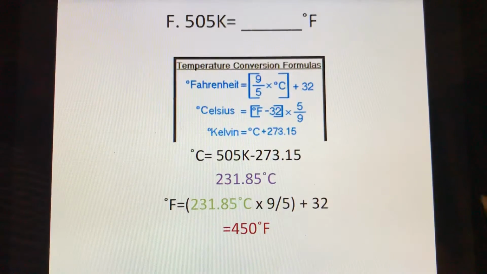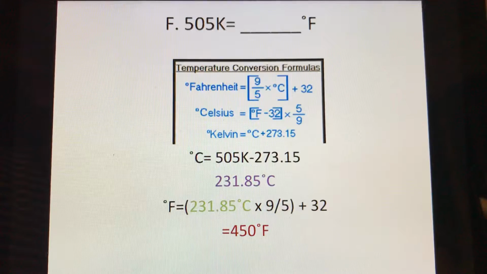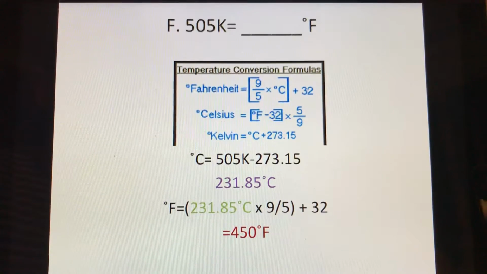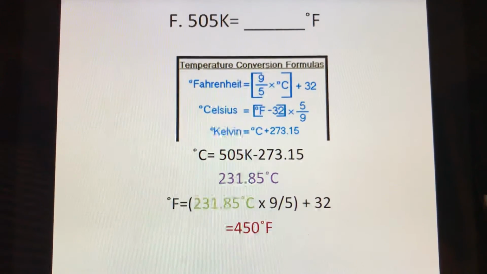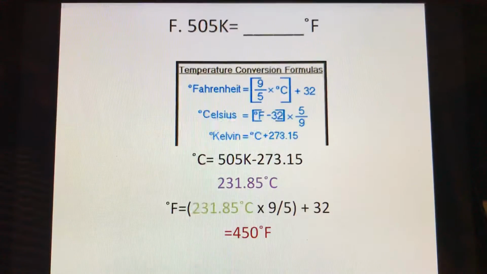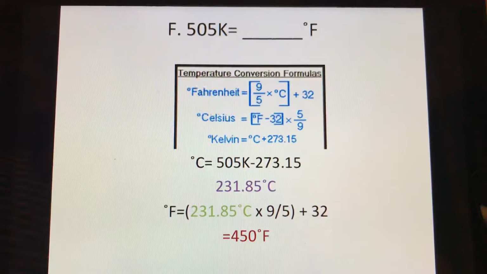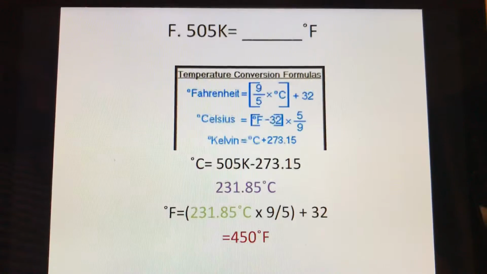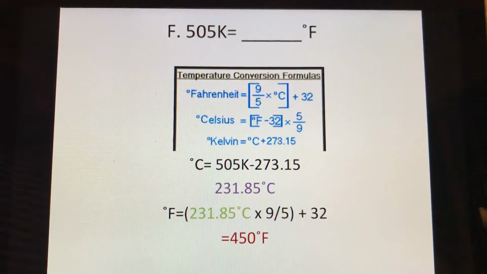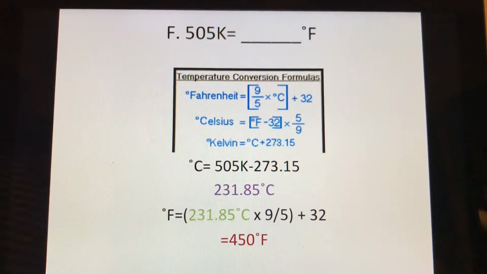For part F, it's asking us to go from Kelvin to degrees Fahrenheit. This is also a two-part equation. So we're going to first solve for Celsius and then afterwards solve for Fahrenheit. We're going to use the Celsius conversion formula.